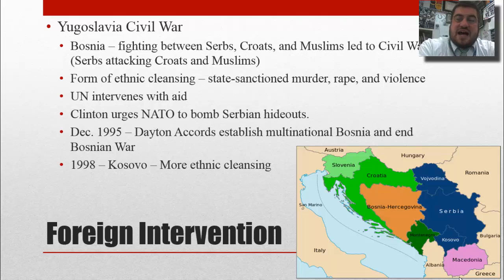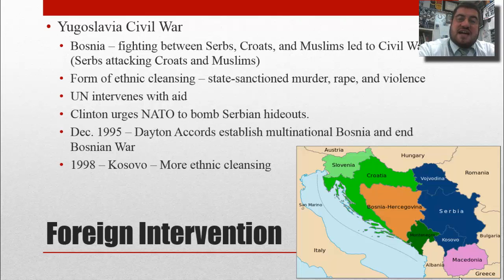The Yugoslavia Civil War, remember, they disbanded after 1991, after the dissolution of the Soviet Union. And here in the middle country, Bosnia, there's fighting between three groups: Serbs, Croats, and Muslims. The Serbs are attacking the Croats and Muslims, and we actually have a form of ethnic cleansing.